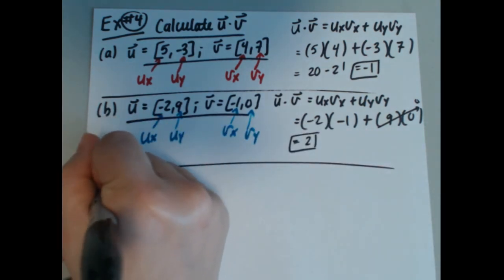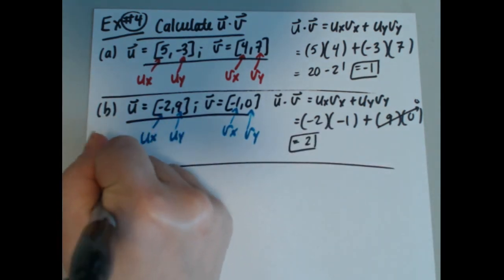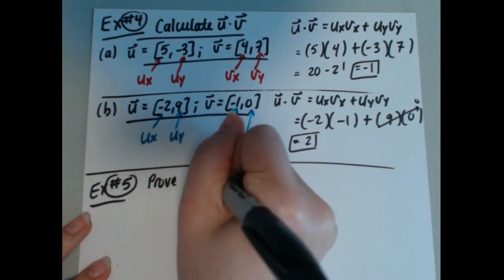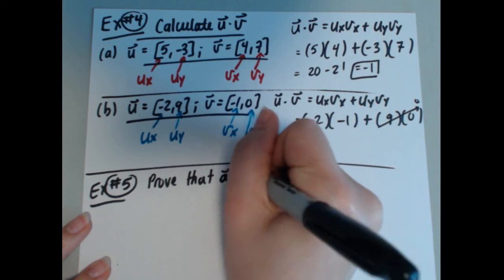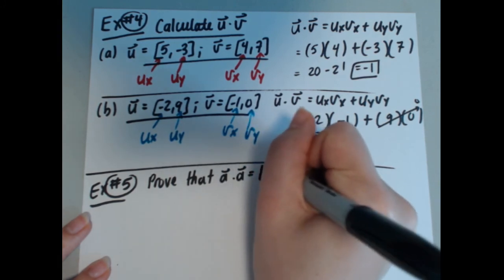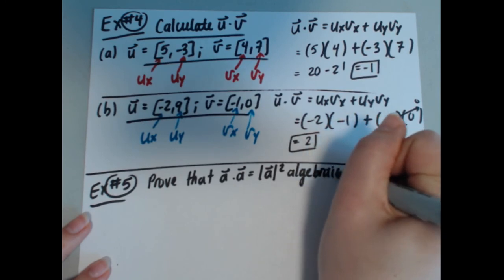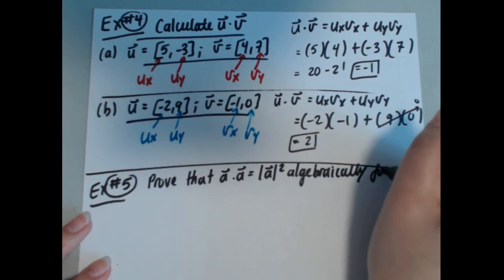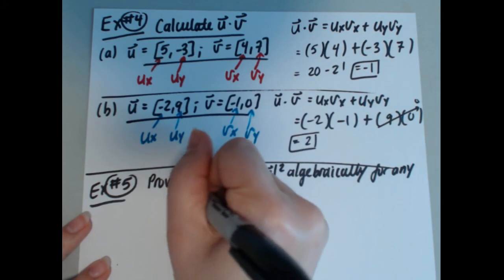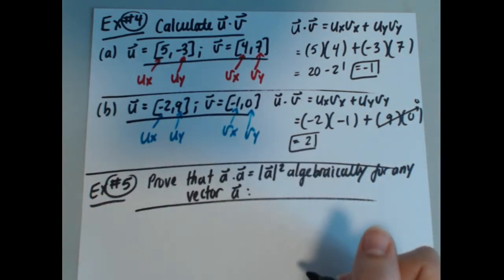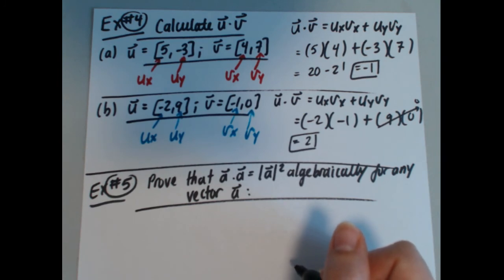The last example is a proof. Prove that A dot A is equal to the magnitude of A squared algebraically for any vector A. So the only other times you've been asked to prove something is usually during trigonometric identities.